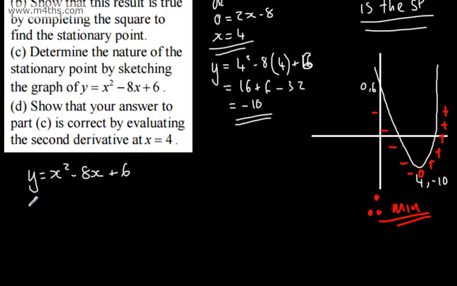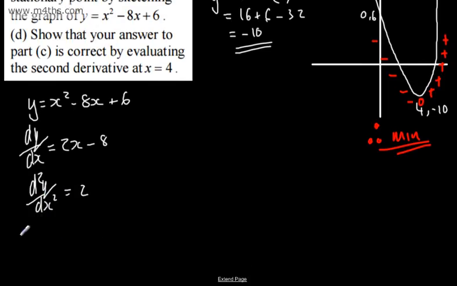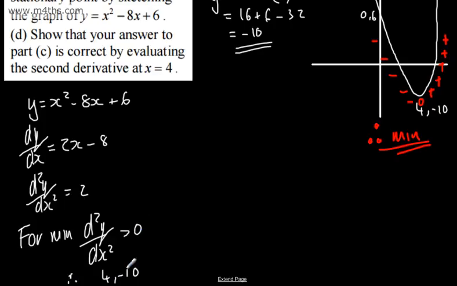We can say now that dy/dx is going to be equal, as we saw, to 2x minus 8. d2y/dx squared will be the derivative of this, which is 2. We can say now at x equals 4, d2y/dx squared will be greater than 0. Therefore, we can say that (4, -10) is a minimum.